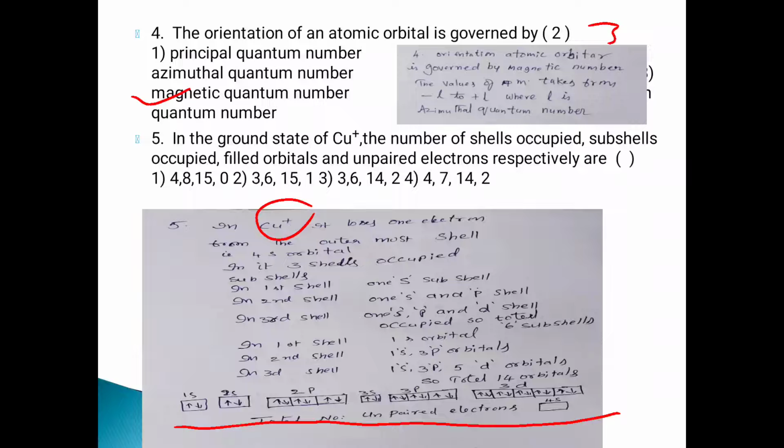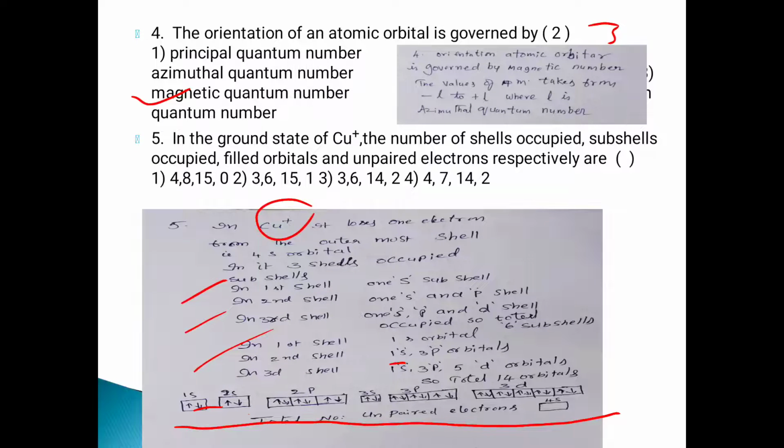So here the number of shells, that is principal quantum number shells, is 3 only: first shell, second shell and third shell. And the number of subshells will be 6: 1s, 2s, 2p, 3s, 3p and 3d.